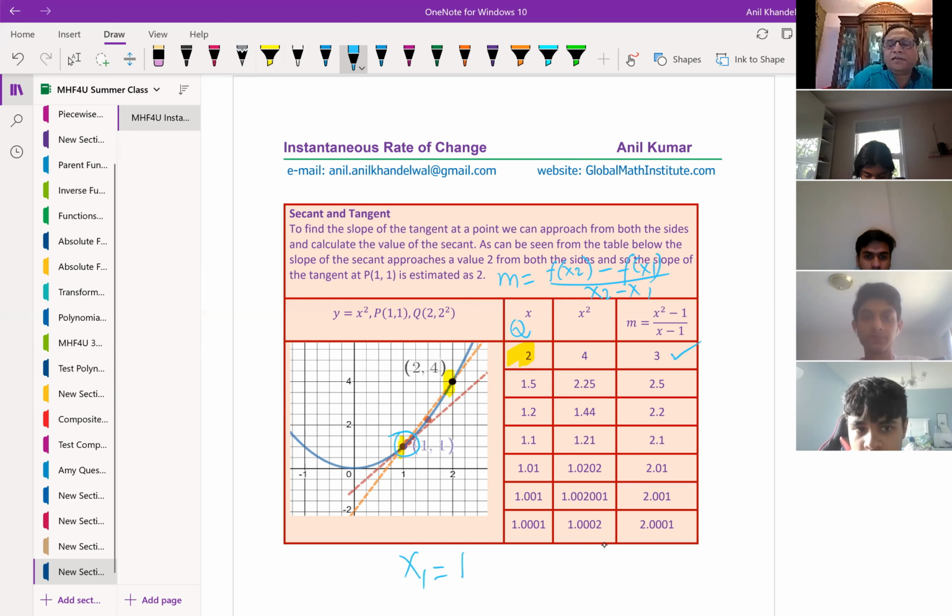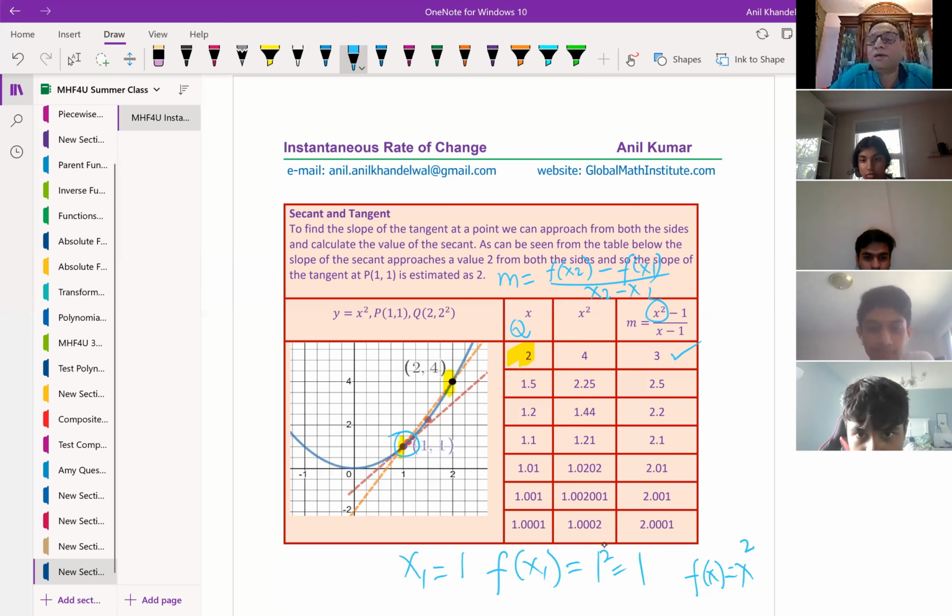Therefore f of x1 is 1 squared, which is also 1, correct? I'm taking the function f of x equals x squared, and therefore we get f of x2 as x squared, for any x value. Is it clear to everyone? Therefore, the formula is x squared minus 1 divided by x minus 1. Mohammed, is this formula clear?